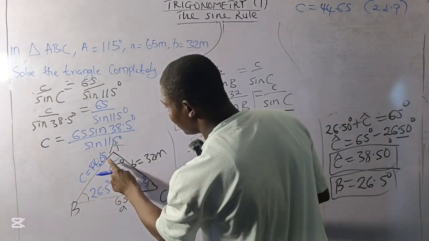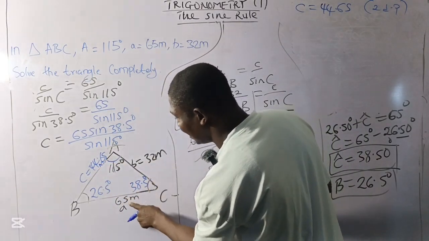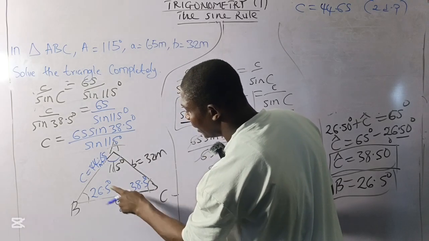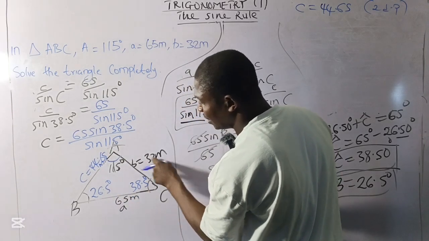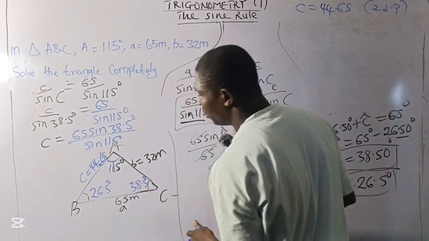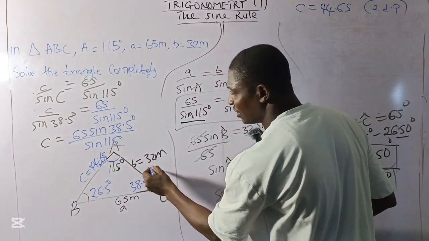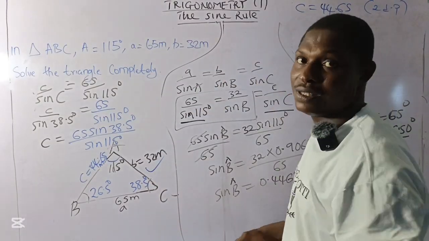And 44.65 plus 32 is greater than 65. And 65 plus 32 is greater than 44.65. So this our triangle is absolutely correct. Thank you.